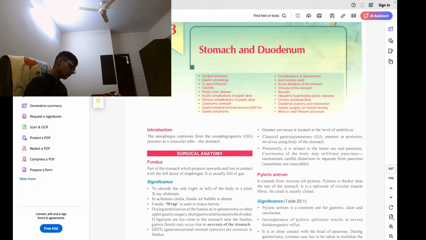I'll just write Ramstedt's, but it's already inside one of these operations. Pyloric stenosis, gastric ulcer, perforated peptic ulcer, upper GI bleeding, dumping syndrome.